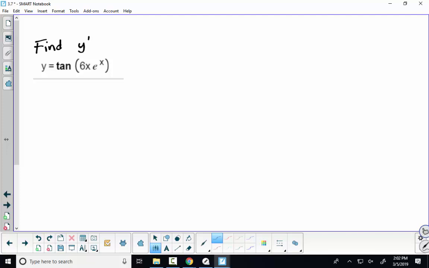So what we're looking at here is what rule would be involved in taking that derivative. The chain rule? Not the power rule? Okay. Yeah, so you really should see two things.